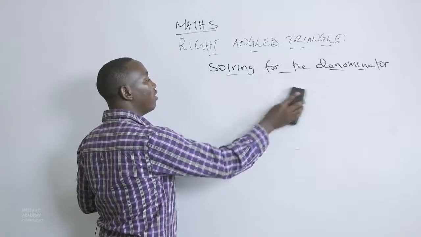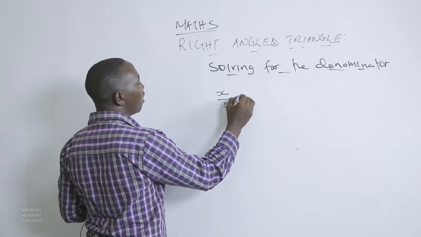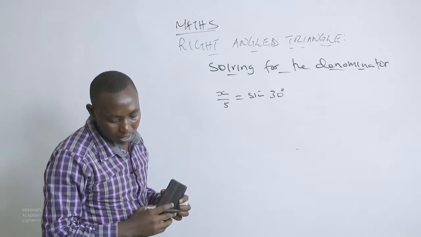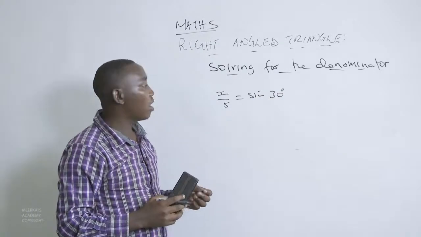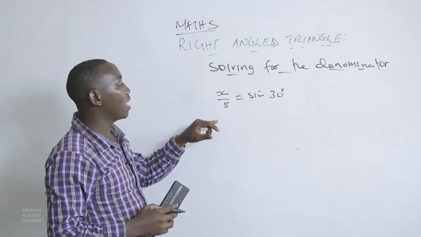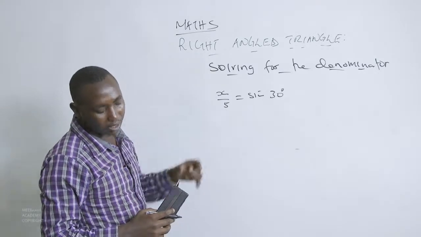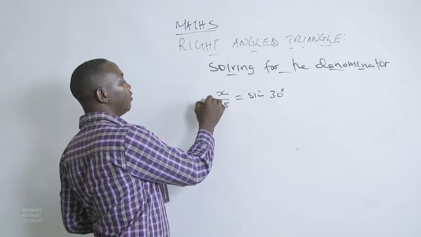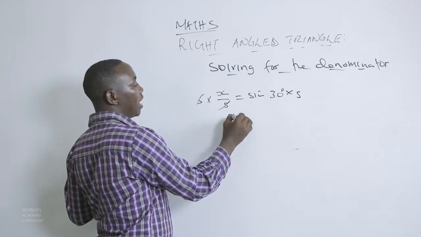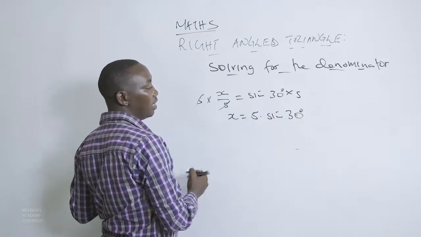Like, for instance, if you are given that x over 5 is equal to the sine of 30 degrees, we can obtain the value of x by multiplying both sides by 5. So if you want x, you'll multiply both sides by 5. That means that your x shall be equal to 5 multiplied by the sine of 30 degrees.